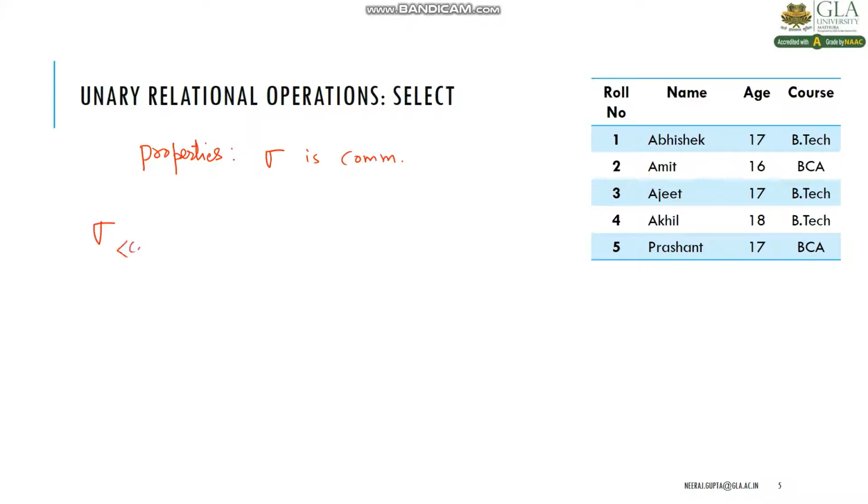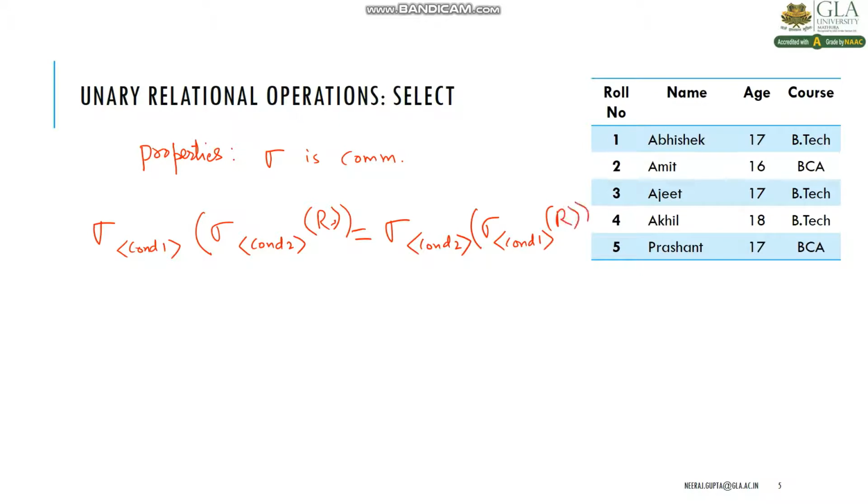Sigma condition 1, and we apply condition 2 on the relation R, which is equivalent to sigma condition 2, sigma condition 1 on relation R. So the conditions are commutative, and we can apply them in any order.